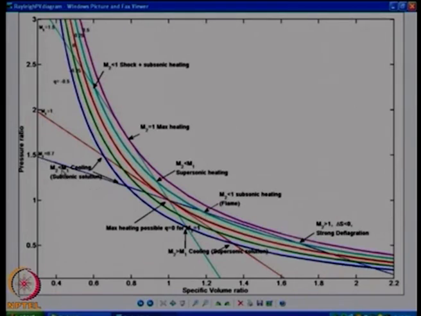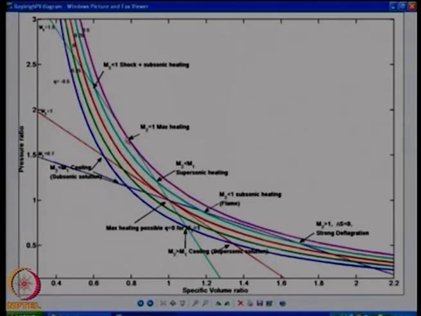Next we will look at supersonic initial condition, M1 equal to 1.5, that is this cyan curve. We will look at that curve. We will again start with the Q equal to 0 Hugoniot curve along with that Rayleigh line M1 equal to 1.5. We find that this particular curve can give a solution here, P1 V1 equal to P2 V2, that is a possibility, which means it is a trivial solution, there is nothing changing in the flow, no heat added, nothing is changing in the flow, that is a solution.